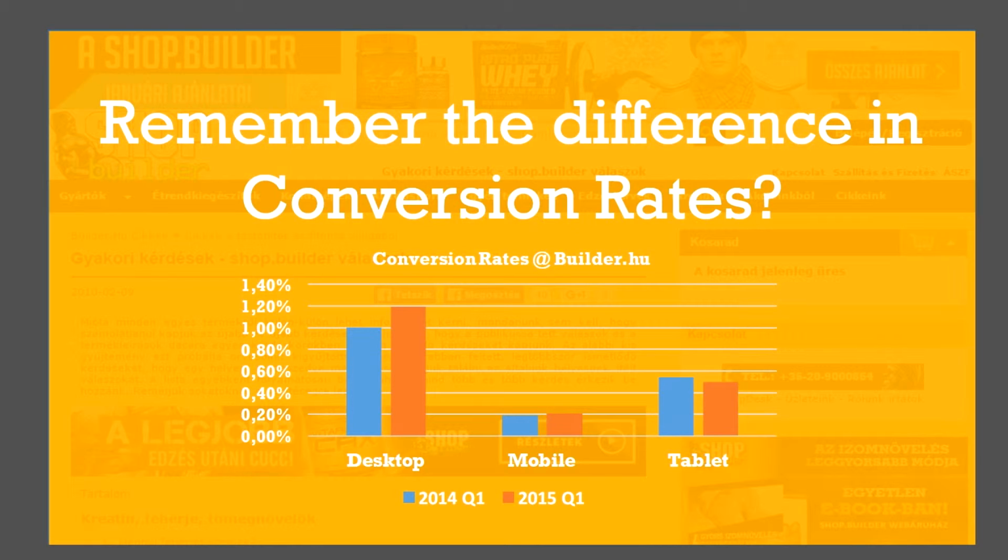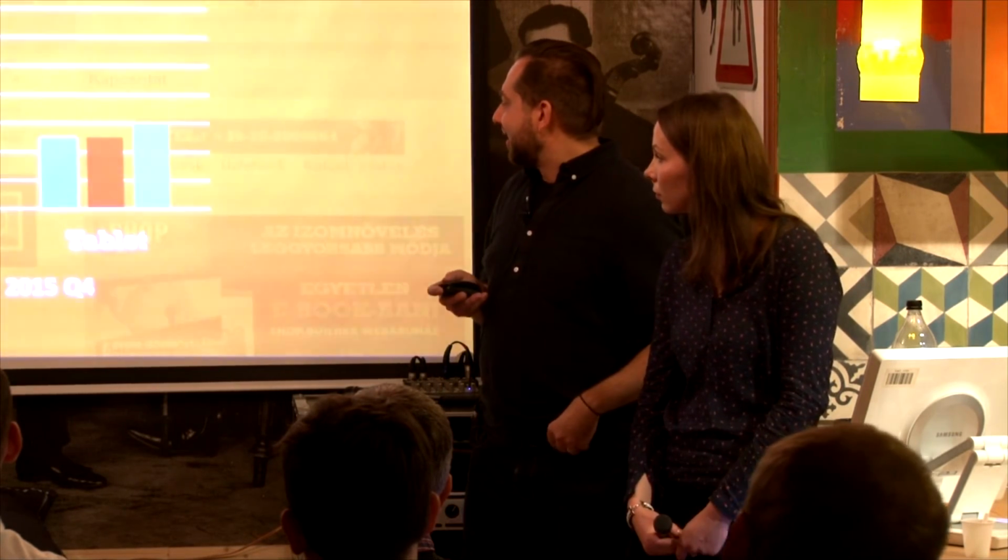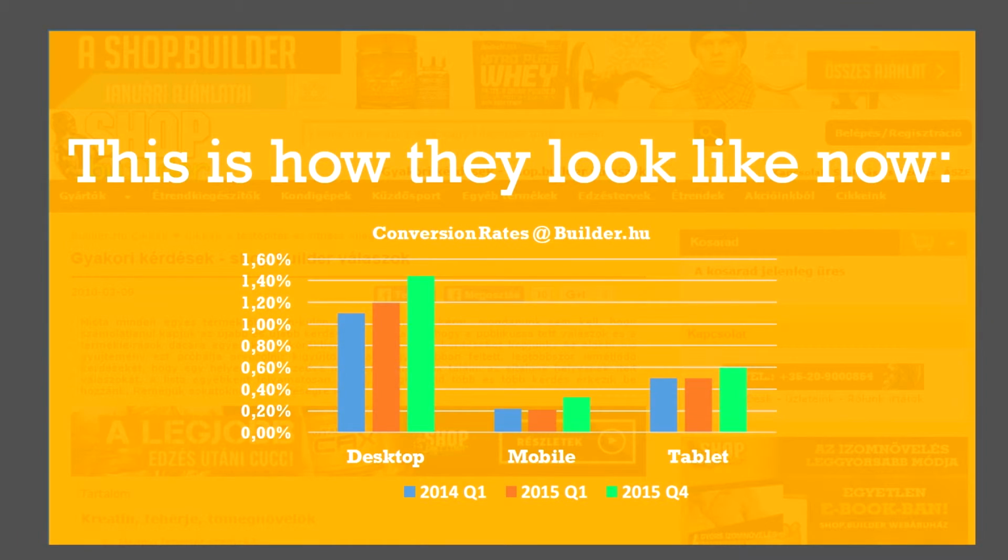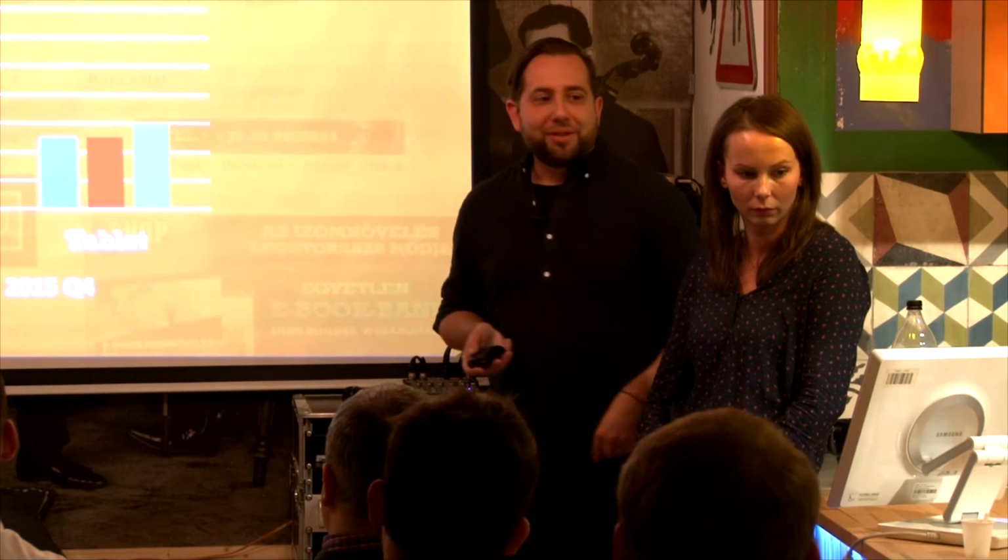And if you remember the conversion rates from the first quarter of 2014 and the first quarter of 2015, let me show you the conversion rates of the fourth quarter of 2015. It would be nice to have the first quarter of 2016, but actually there aren't seasonal effects at Shop Builder, so quarters can be compared to each other without concern that there are effects that have an impact on the results.